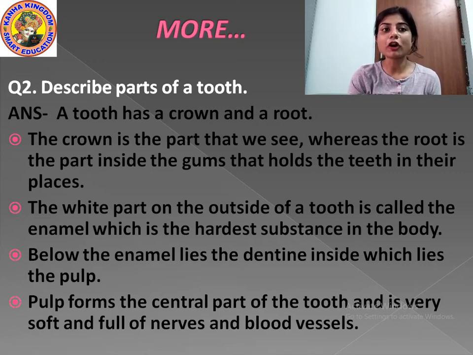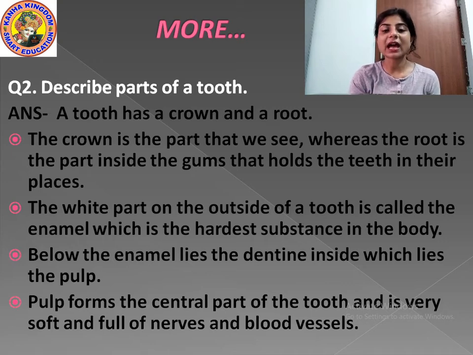Then point number 4. Pulp forms the central part of the tooth and is very soft and full of nerves and blood vessels. Yes or no? Pulp is very delicate and very soft, inside which there is nerves and blood vessels, and it forms the central part of the tooth.